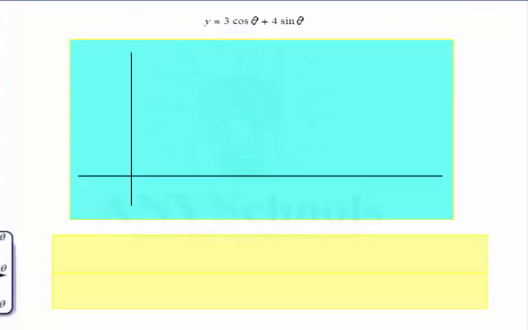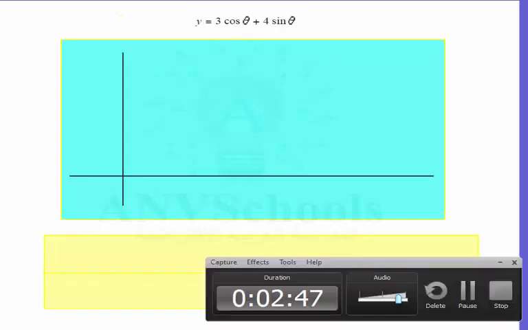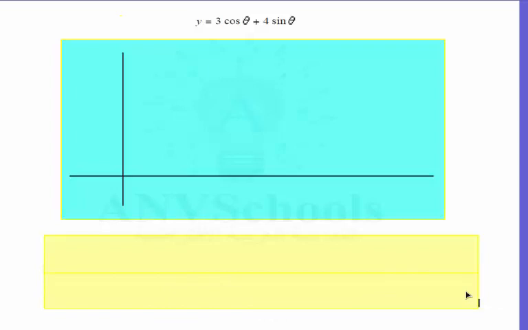So let's try to graph 3 cosine theta plus 4 cosine theta. And how do we get the graph of this function? First, we have to get at least values for this. But before we proceed here, let us first get the graph of the sum of sine and cosine.